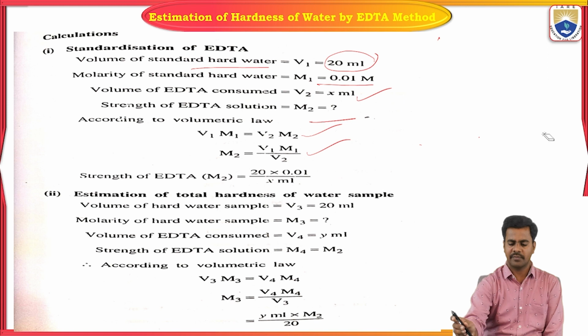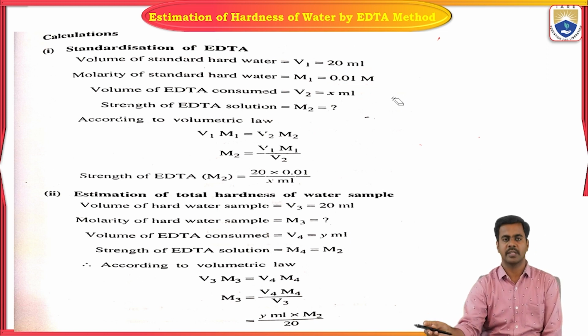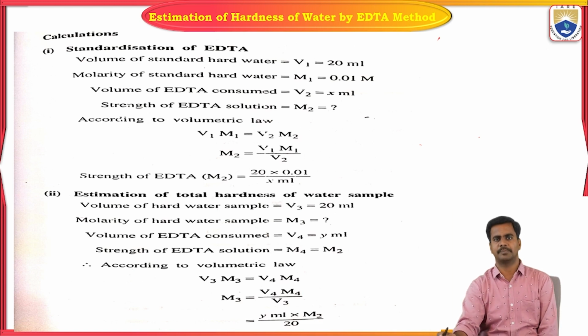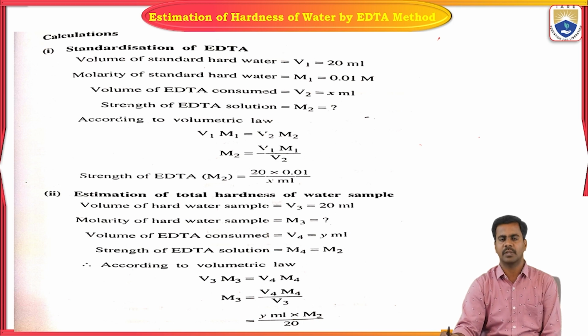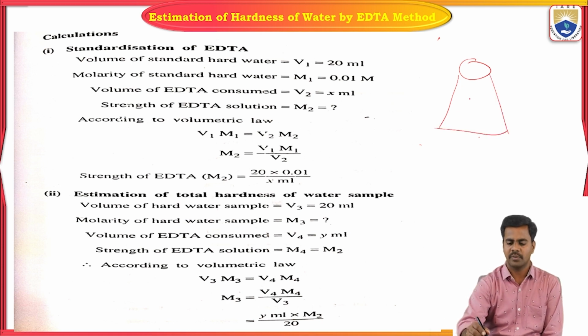After standardization of EDTA, we are going to determine the total hardness of a water sample. Let us see how we can estimate the total hardness of a water sample. To determine total hardness of water, some amount of water is taken into the conical flask. The procedure is the same.